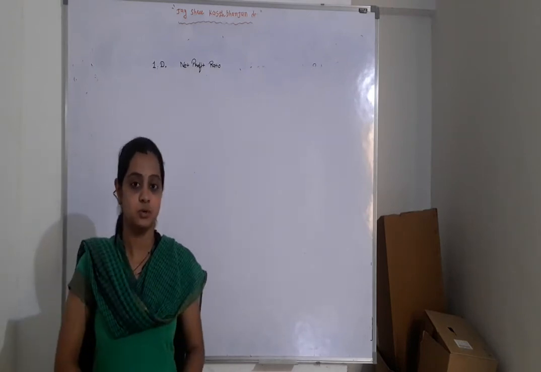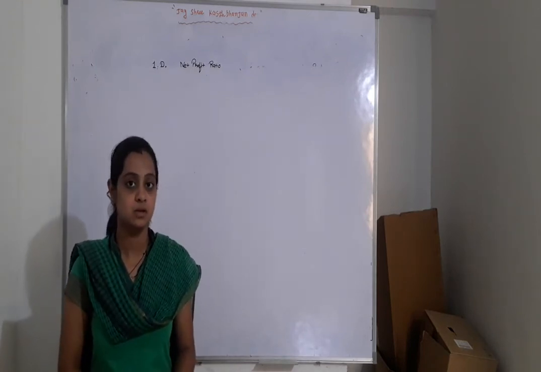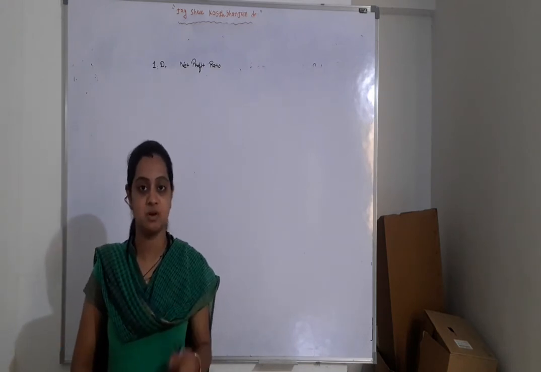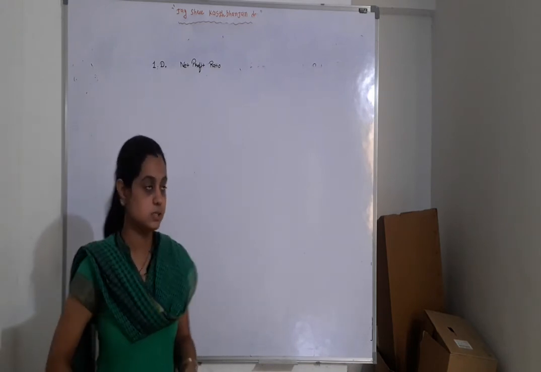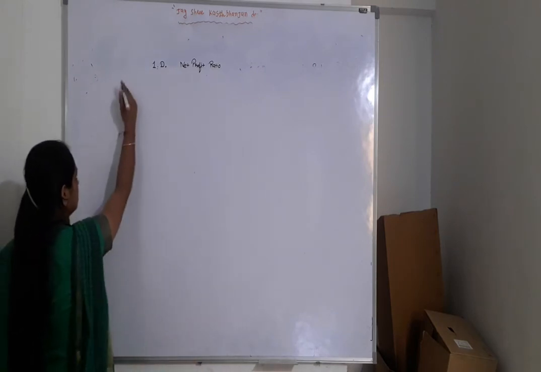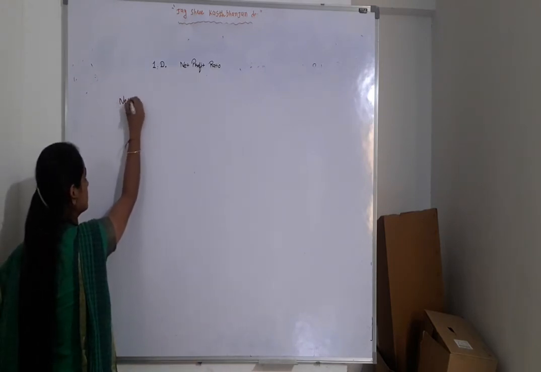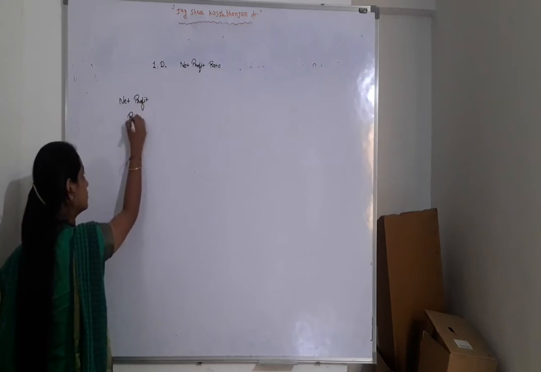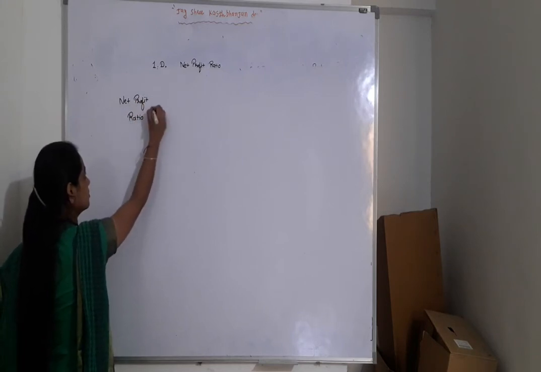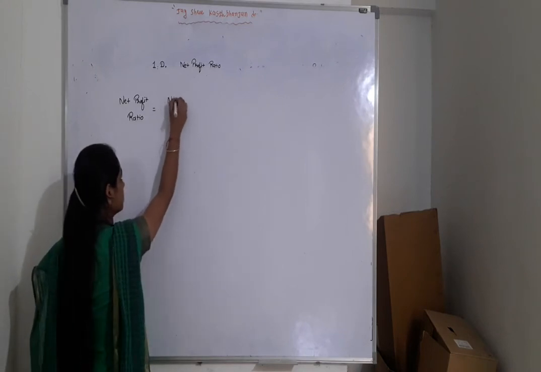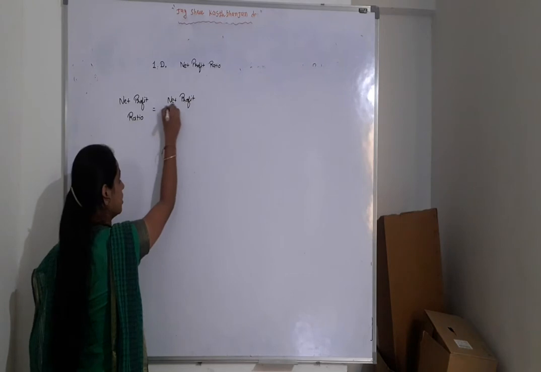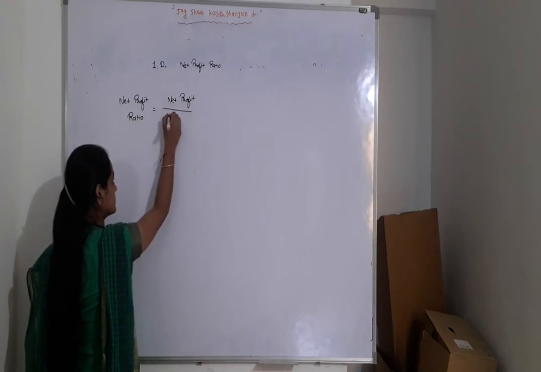This ratio will help to check the relation between net profit and net sales. Formula to find net profit ratio is net profit upon net sales.